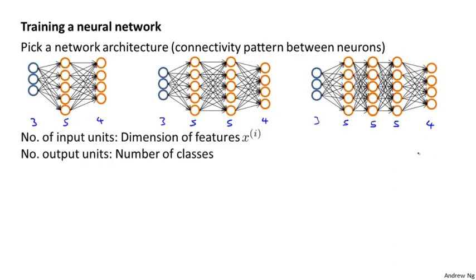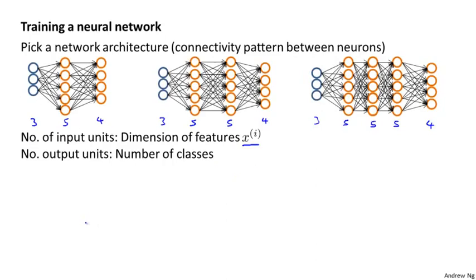Well, first, the number of input units, well, that's pretty well defined. Once you've decided on a fixed set of features x, the number of input units will just be the dimension of your features x^(i), determined by that. And if you're doing multi-class classification, the number of output units will be determined by the number of classes in your classification problem.